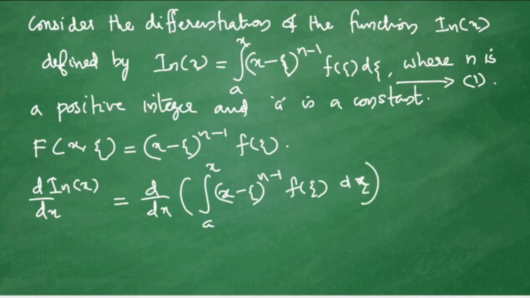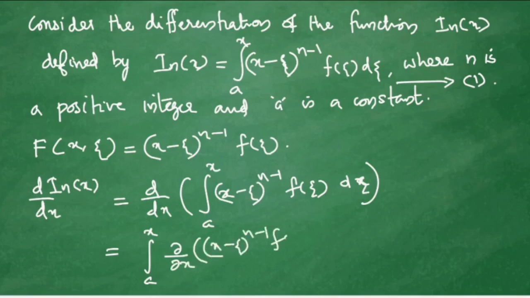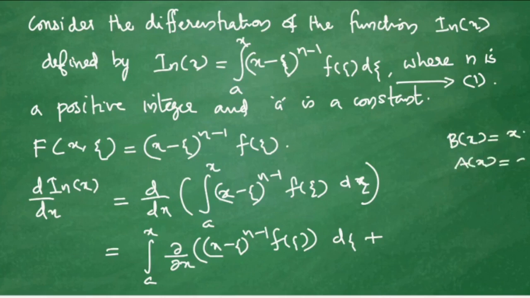So by Leibniz rule, this is equal to integral a to x of dou by dou x of x minus theta raised to n minus 1 f of theta d theta plus f of x, b of x. Here we have the upper limit b of x, the function is x, and a of x is a constant function, that is a.